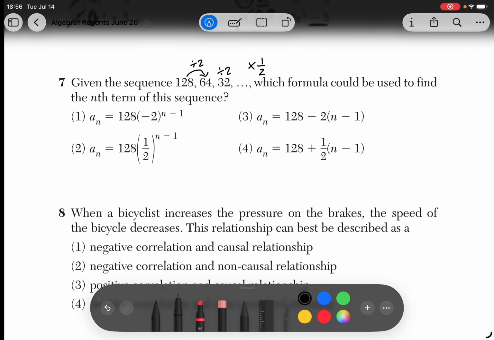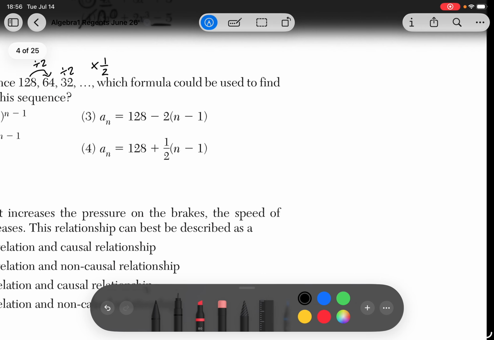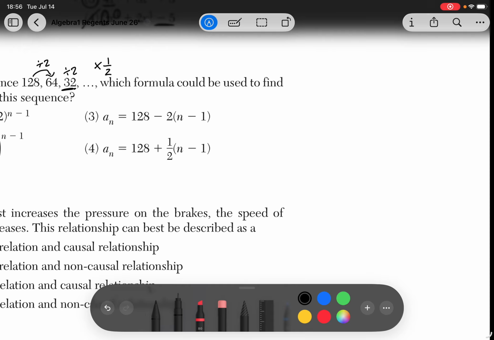Do you need the formula? No, you do not. It's completely up to you on what you want to use. But the correct answer for this problem would be answer choice 2. We want to make sure that we are multiplying by half each time. And if we were to plug in 32, just as an example, 32 is our third term.